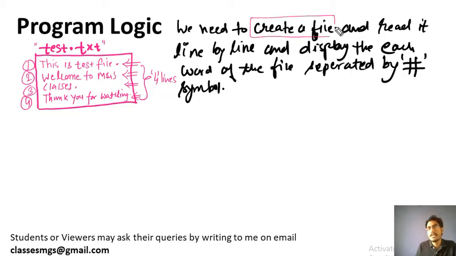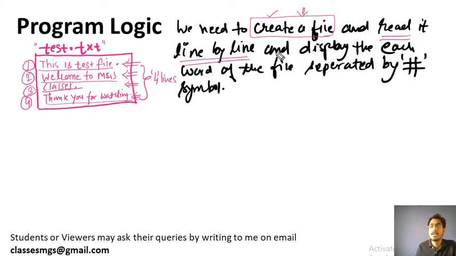I have added this because I will create the file as well; if the file is already created, you don't need to create it, you can directly read it. First we will read it using a Python program, line by line: this is a test file, welcome to MGS, then classes, then thank you for watching.